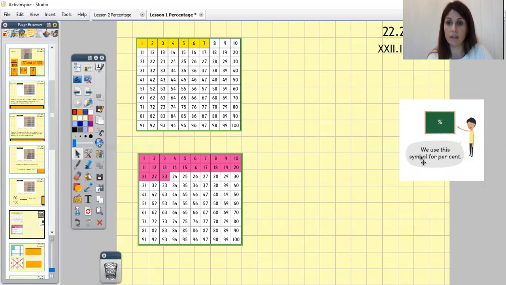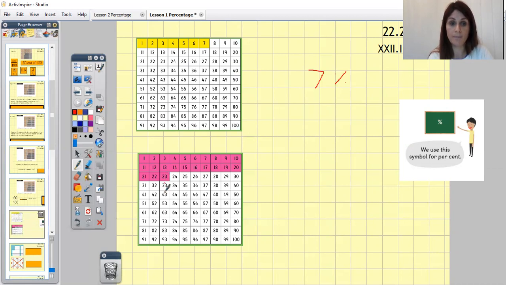Now I've put here, we use this symbol for percent. Now you don't have to draw little circles. You can actually just do it as a line and then 2 dots. So it's a bit like a wonky division sign, isn't it? Okay, so if percent means out of 100, we are going to be thinking, how many have I got out of 100? And hopefully you came up with 7%, because it's 7 out of 100.